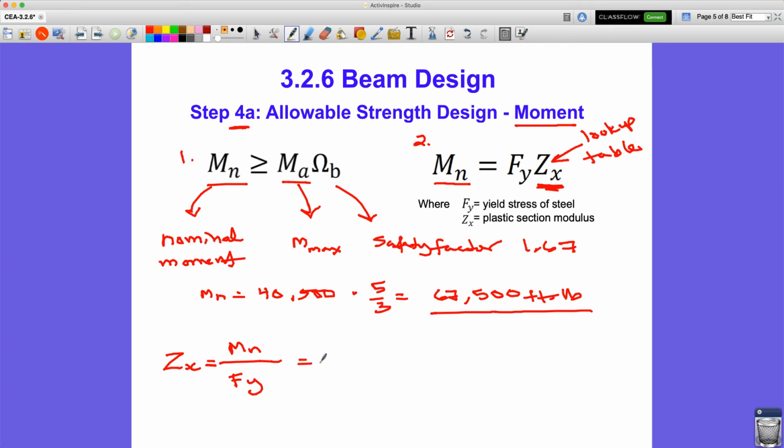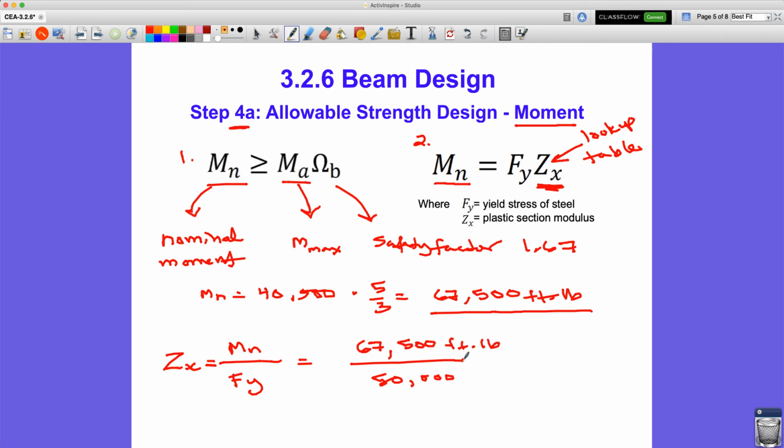Zx is just the nominal moment divided by the yield stress of steel. Now, they gave us that yield stress of steel earlier. I showed it to you from the first part of the assignment. The important part of this is making sure you do your dimensional analysis. So here's the nominal moment we determined here. It's foot-pounds.